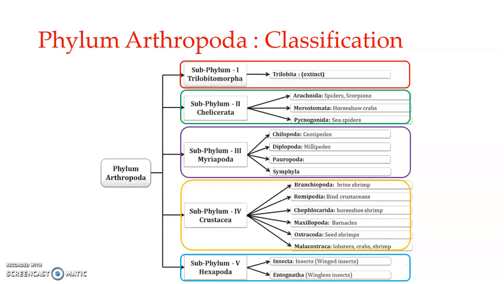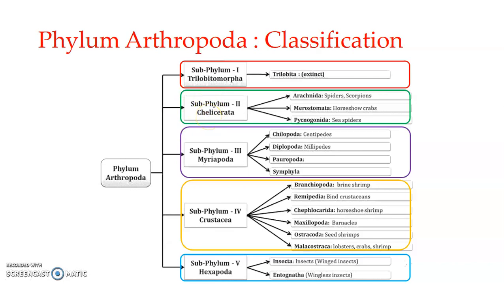These are preoral, that is, placed before the mouth, and feeding in function. So the chelicerae are the first pair of appendages, and the one which bears the chelicerae is included under Chelicerata. Okay, so that is about the subphylum Chelicerata.